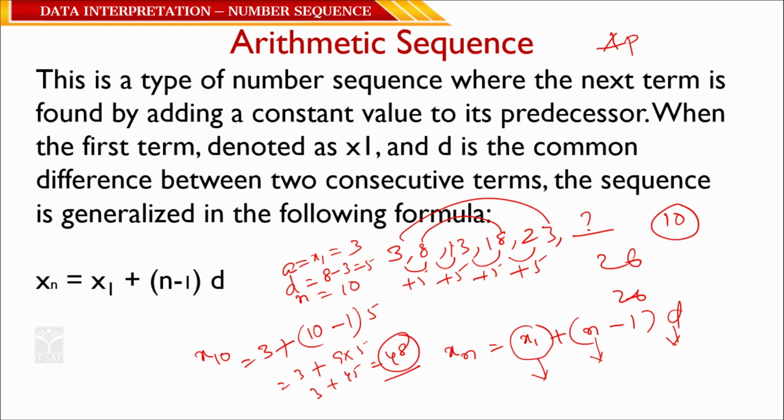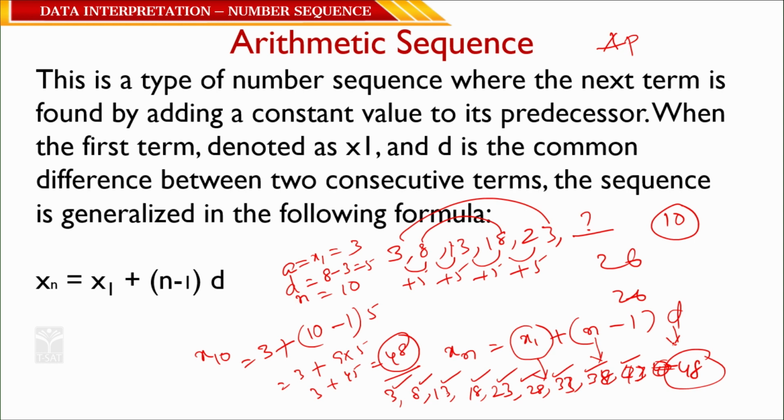If you have any doubt, check it also. So, 3, 8, 13, 18, 23, 28, 33, 38, 43, plus 5, 48. 1, 2, 3, 4, 5, 6, 7, 8, 9, 10.